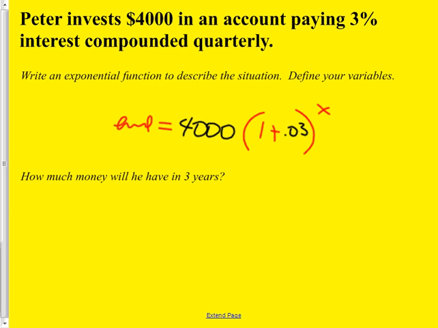And then we do know that it's supposed to be 3 years, so we can put a 3 right here for our time. Okay, hold on. Oh, wait a minute, isn't there one more thing that I have to have in this formula, and maybe even another thing after that? Divide the 0.03 by what? 4, because that makes it quarterly.